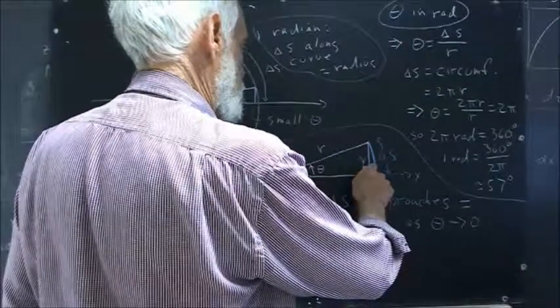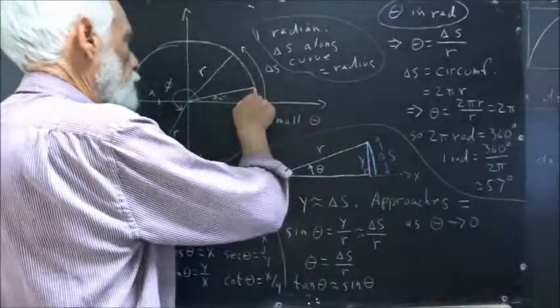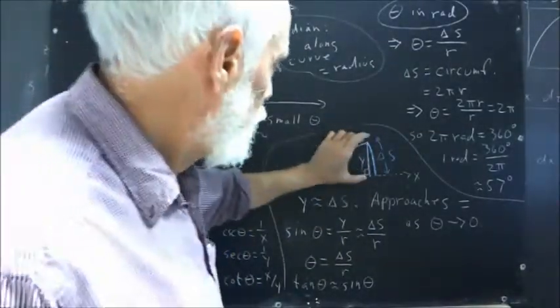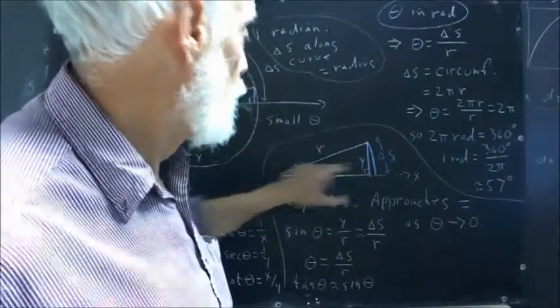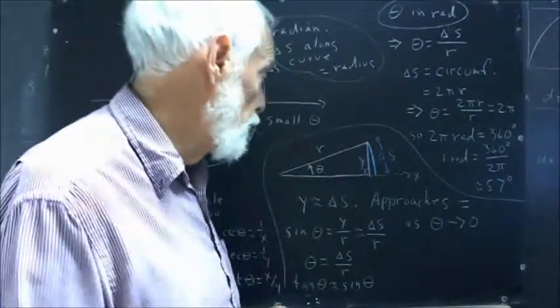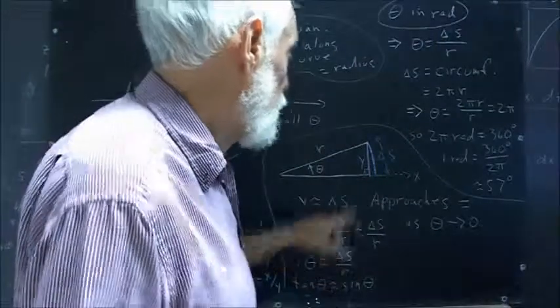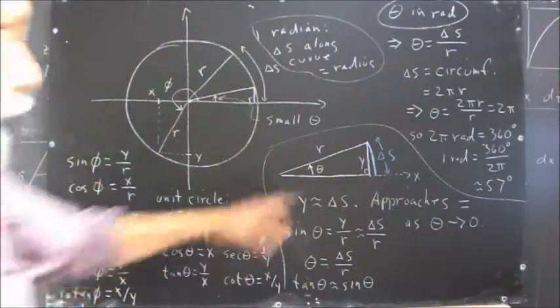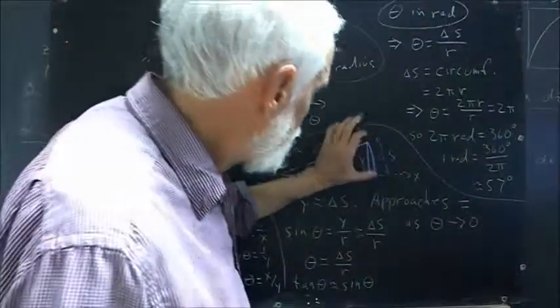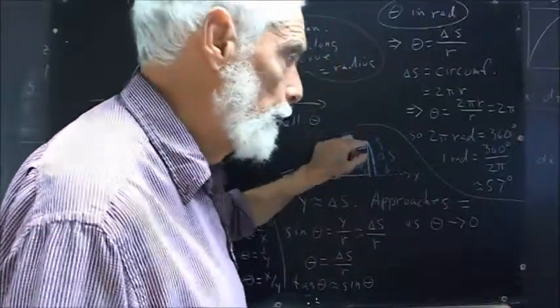I should probably indicate that right angle. The rise of the triangle, or the side opposite the angle theta, is y. The coordinate that's used in defining the sine, the cosine, and so forth is y. Delta s is the distance along this arc.